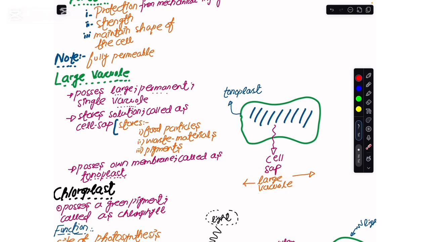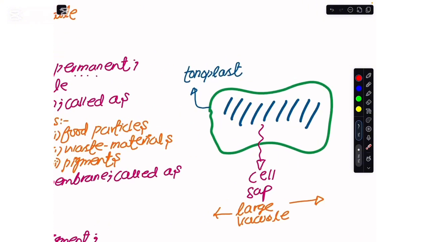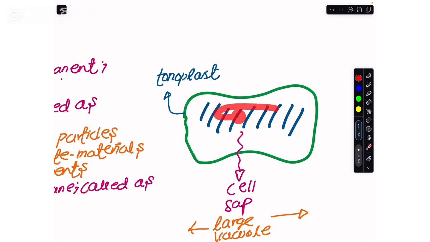With the exception of the guard cells of the plant, where there could be multiple vacuoles, not as small as in an animal cell, but usually in this course you just have to see that there would be one large central permanent vacuole.